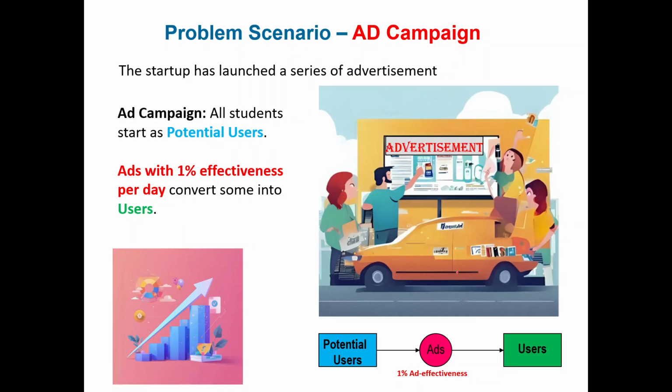In addition to these ad campaigns, there is another thing, word of mouth. Each user, when interacting with peers, has a probability that that student will try to convince others to adopt the same bottle.